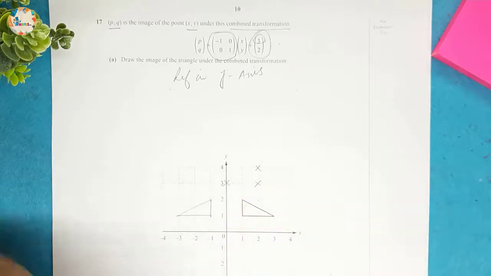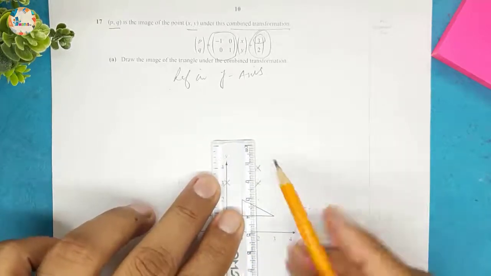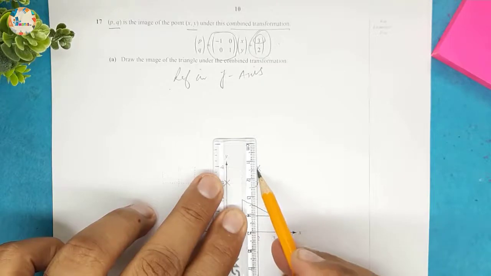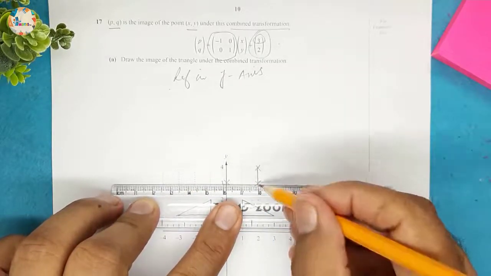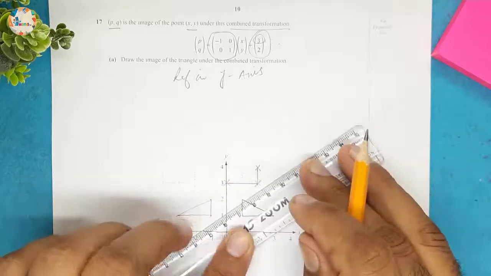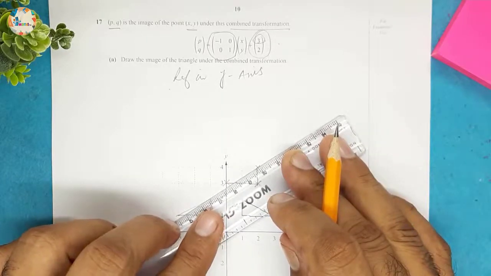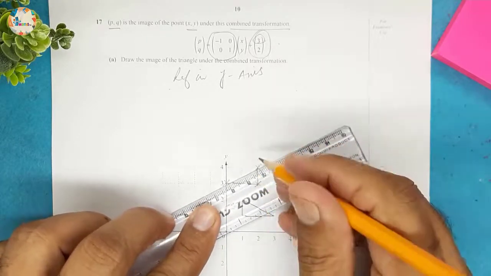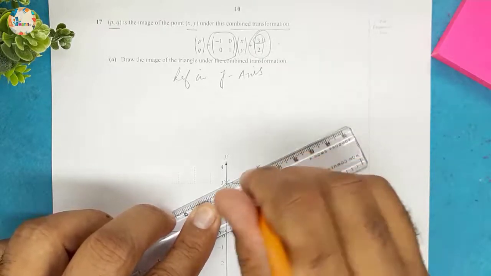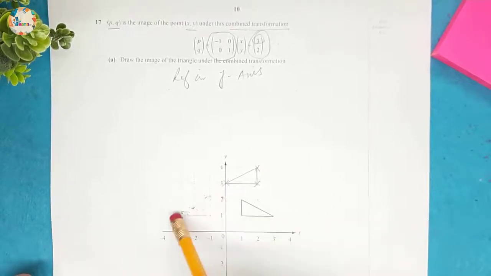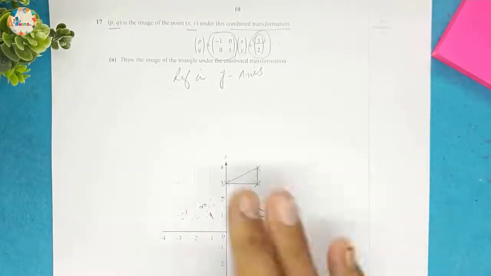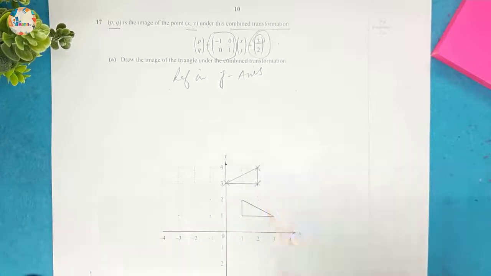So this will be the final drawing. The whole combined transformation is done, and this will be the final answer. This is your intermediate step, so you can erase it. Your final drawing will be this one, which you will have to show.